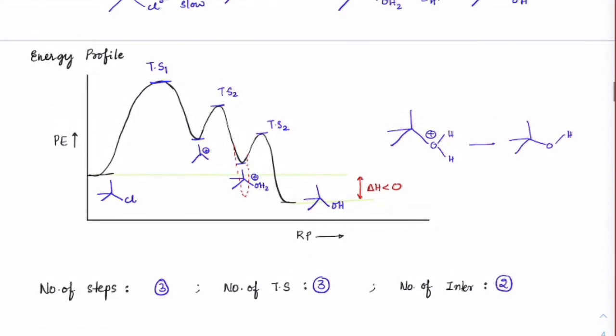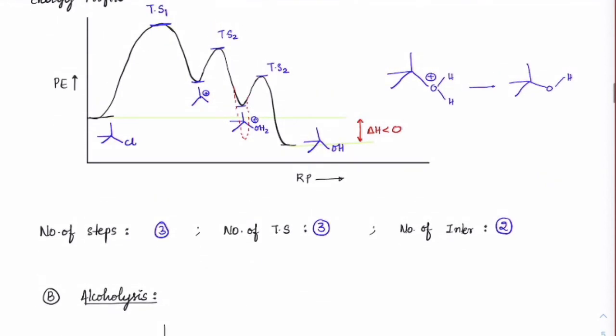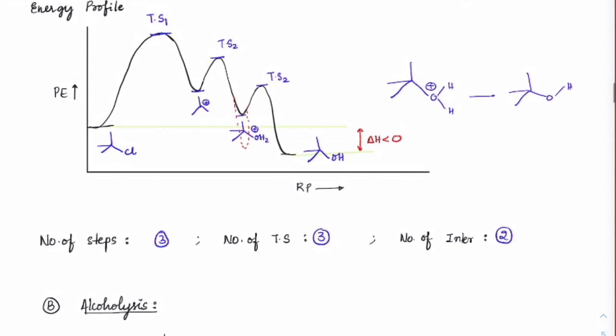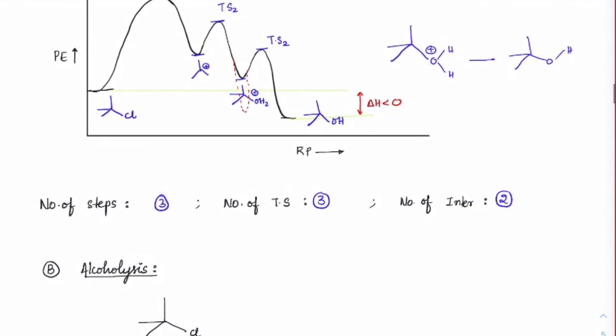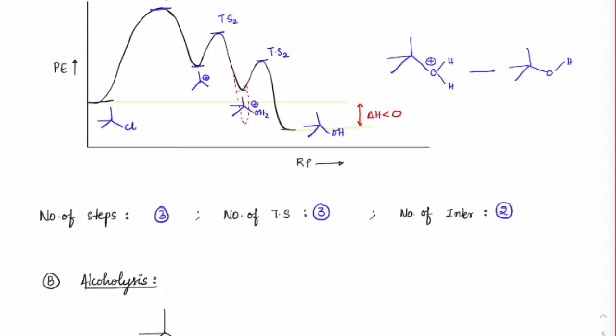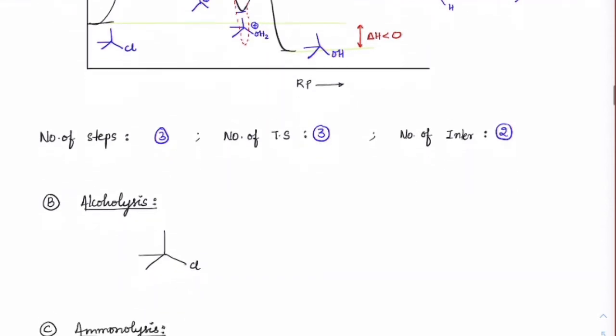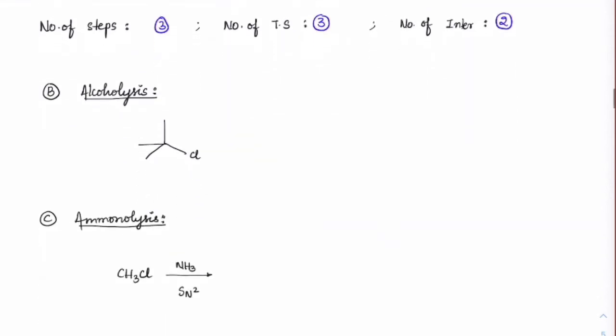Right. So this is the first type of solvolysis where we are doing solvolysis by water. Now second type of solvolysis, did everybody note that? The second type of solvolysis which we will see is alcoholysis, where we are reacting this 3-degree alkyl halide with alcohols like EtOH, MeOH.